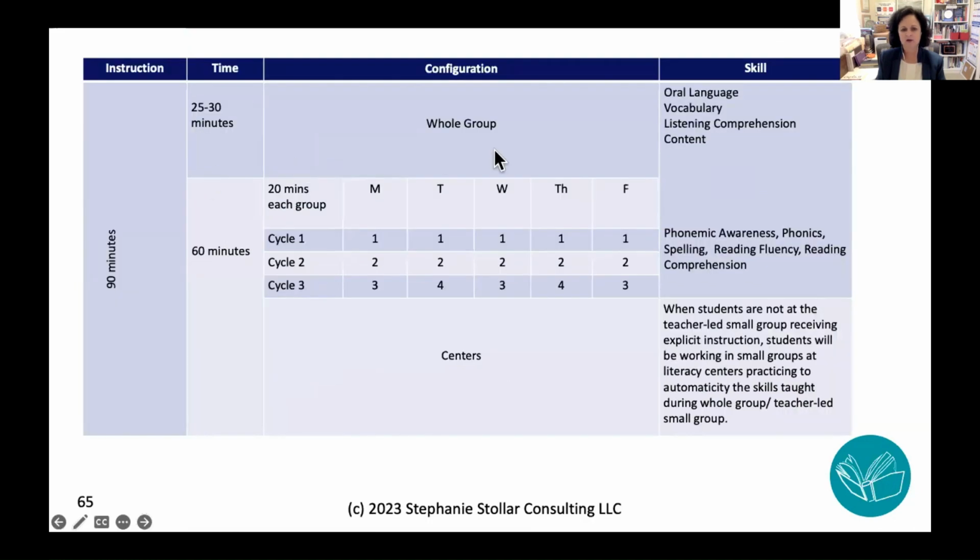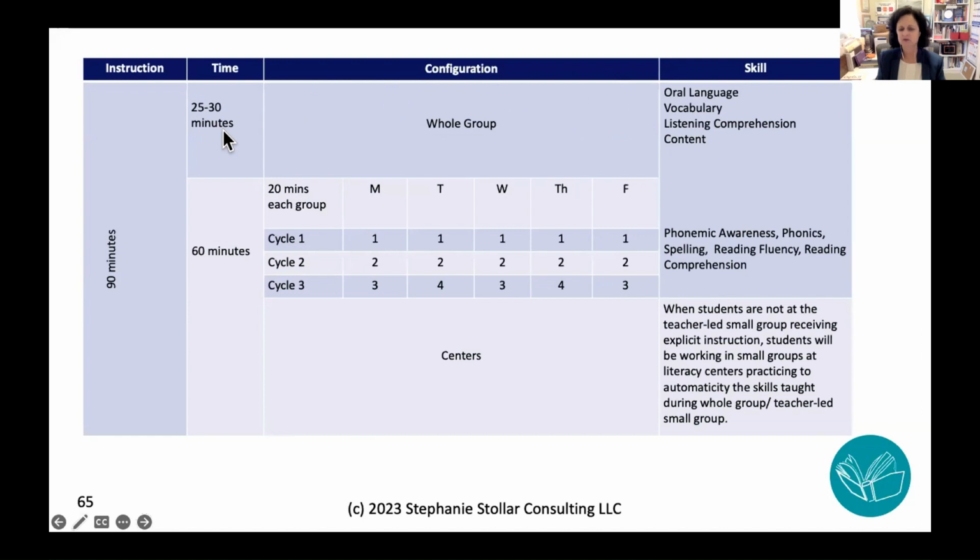What is happening in whole group is the work on the instruction in grade level content, listening comprehension, explicit vocabulary instruction, and building oral language through read alouds and discussion.